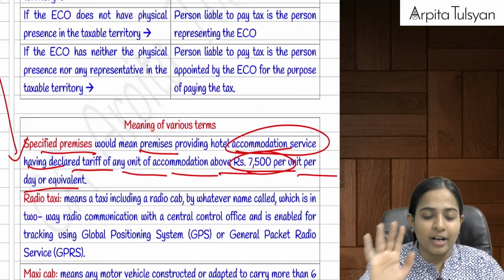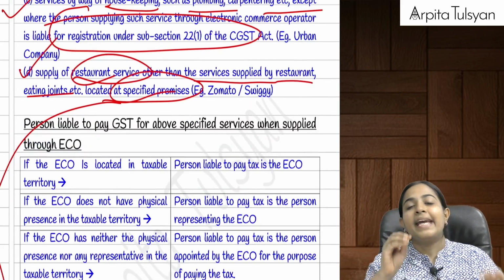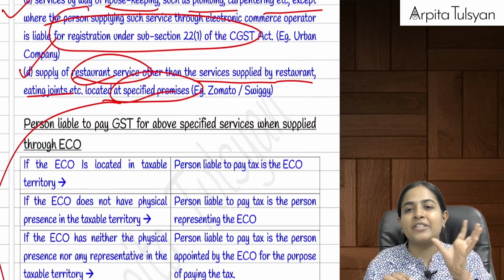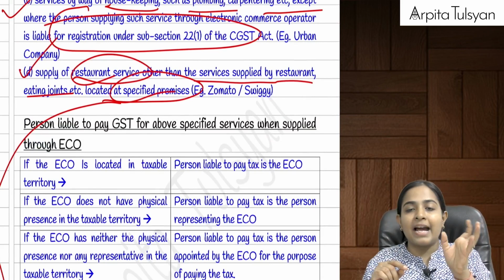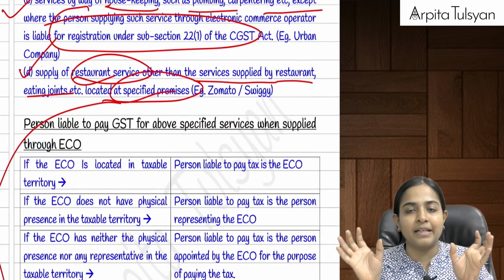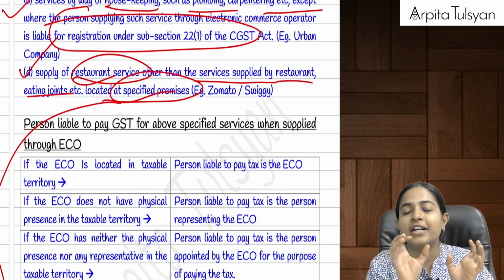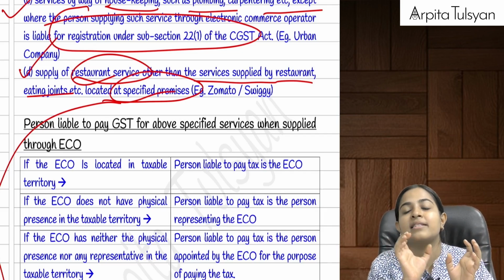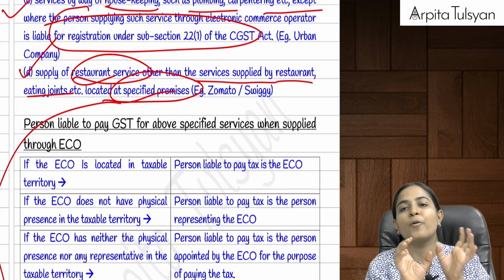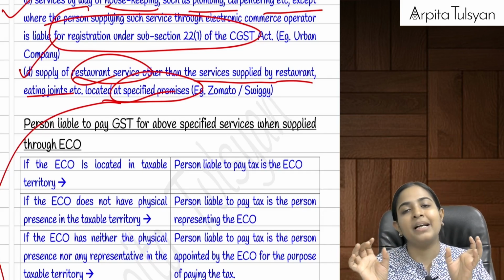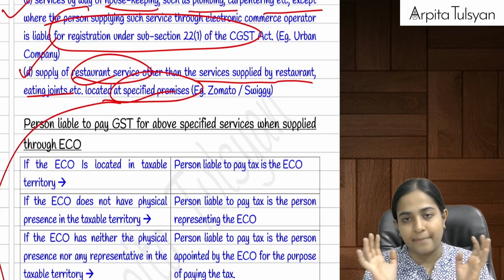Now what are they trying to tell us here? First of all, if there is a particular restaurant, in my main lectures I had given Shiv Sagar, remember, I have to order something from Shiv Sagar. I am sitting here, I have ordered it via Zomato. If I have ordered it via Zomato, Zomato will be called the e-commerce operator. Actual service provider is Shiv Sagar and I become the service recipient, right?